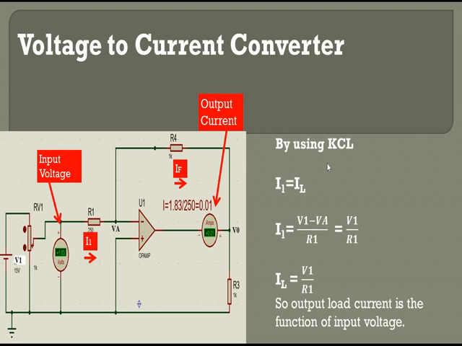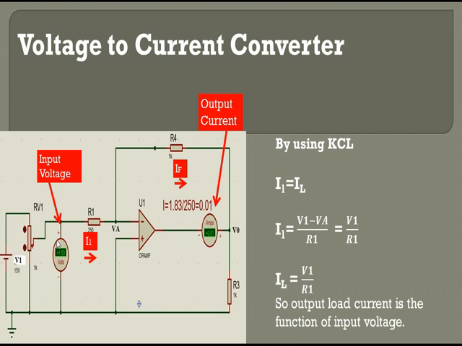Voltage to current converter. Op-amp also can be used to convert voltage into current. You can see here we applied input voltage and at the output op-amp converted it into current.